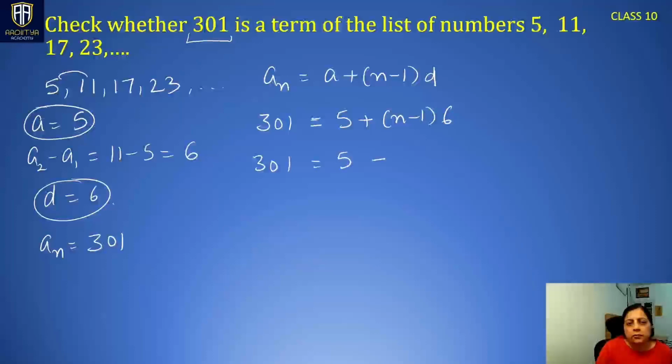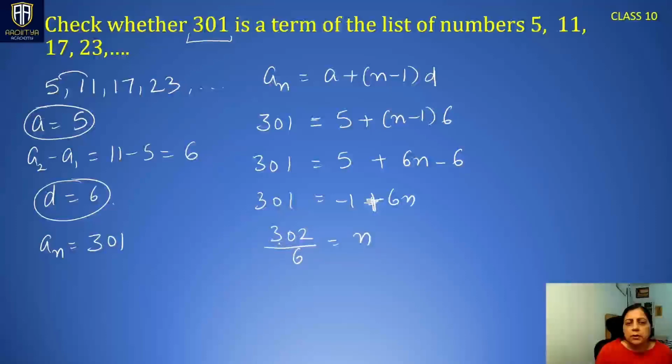301 is equal to 5 plus 6n minus 6. Now simplify this. 5 minus 6 is minus 1, so this becomes 302 divided by 6 equals n.